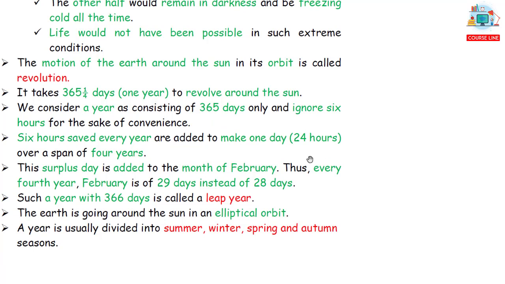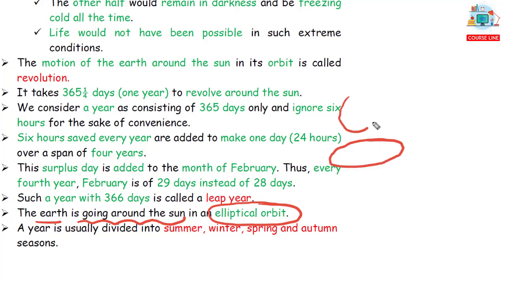Now Earth is going around the sun in an orbit. And what is the shape of the orbit? Shape of the orbit is elliptical, like this. This is circular, but this is elliptical, slightly elongated at two ends.